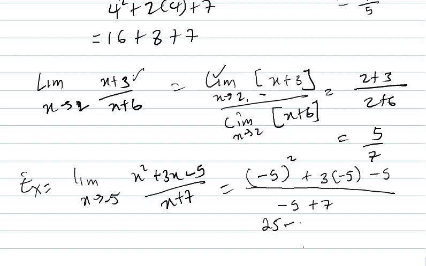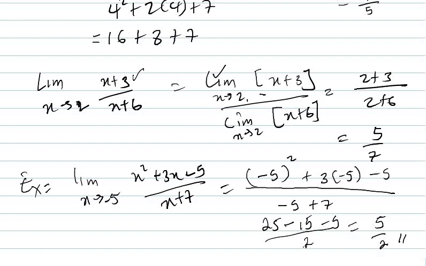So here we have negative 15 and then minus 5, all over negative 5 + 7 is 2. So here we have 25 minus 20, which is 5 by 2. So this is how to do it.